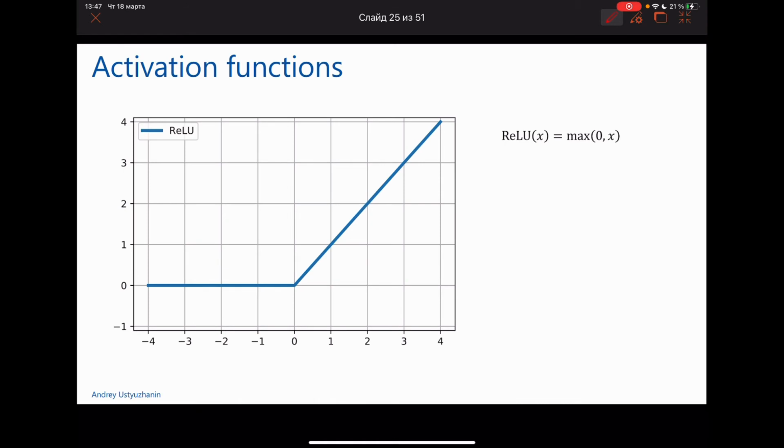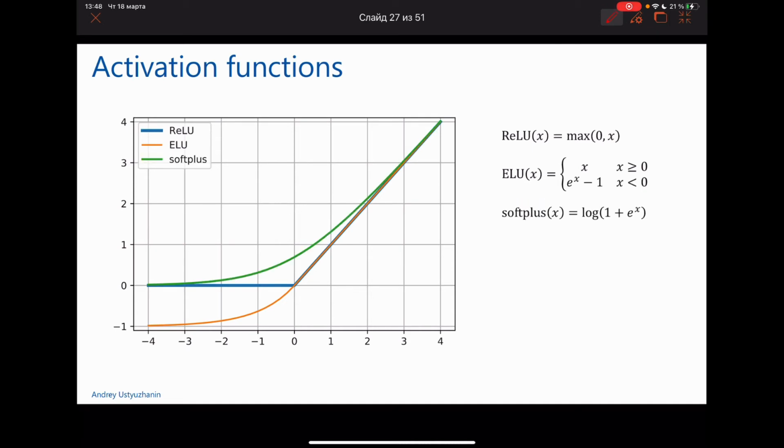So let's have a quick look at different kinds of activation functions that can be applied for those scenarios. The simplest way is called a rectifier linear unit. It equals 0 if the argument is below 0, and equals the argument otherwise. Another example is the exponential linear unit that is defined by this formula.